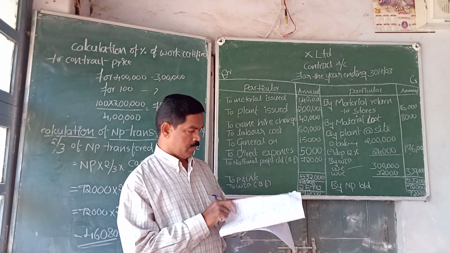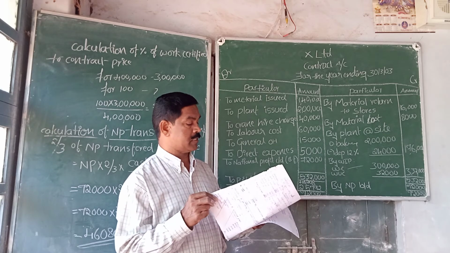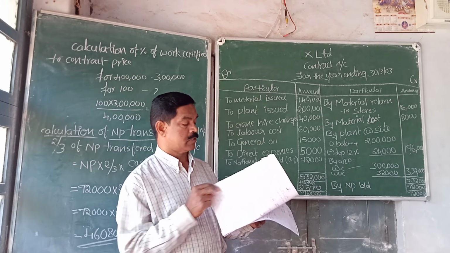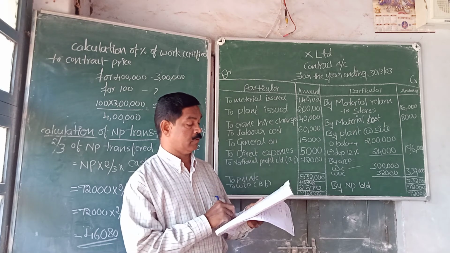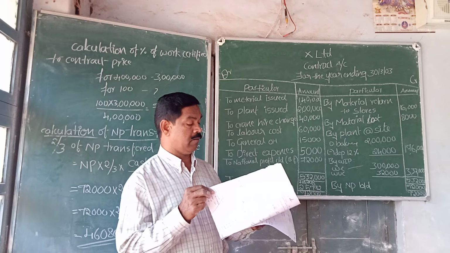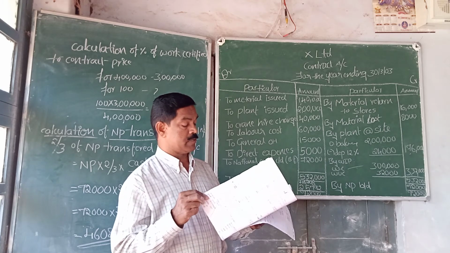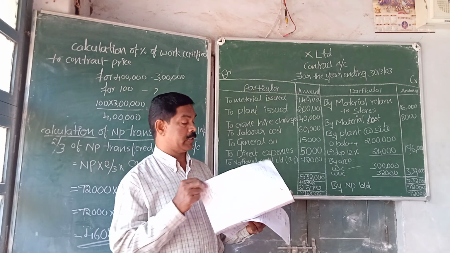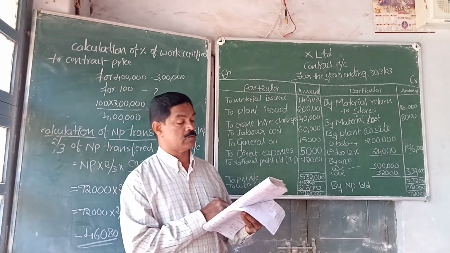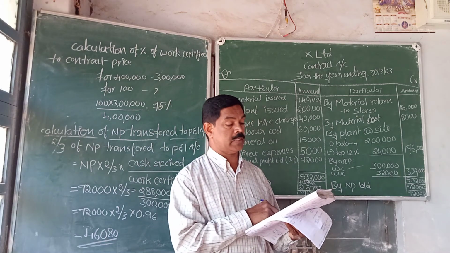Plant issued to Y is 30,000. Crane hire charges of Y is 6,000. Labor cost of Y is 54,000. General overhead of Y is 3,600. Direct expenses of Y is 800. Then material returned by Y is 6,000. Material lost by fire for Y is 5,000.